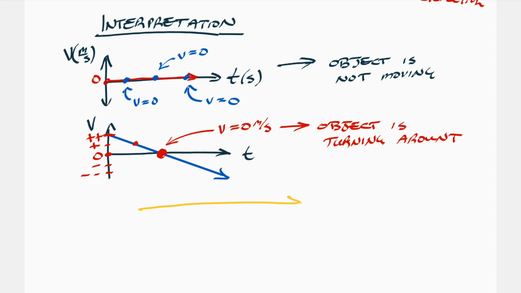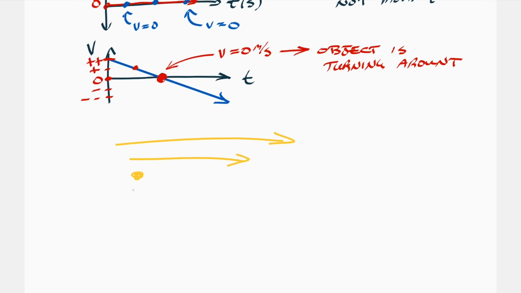Positive is what tells you the direction, right? With all vectors, you have a magnitude and direction. So it's moving with some positive velocity, and then some less positive velocity, until finally it has a velocity of 0, and then it's moving with some negative velocity, and then some more negative velocity.